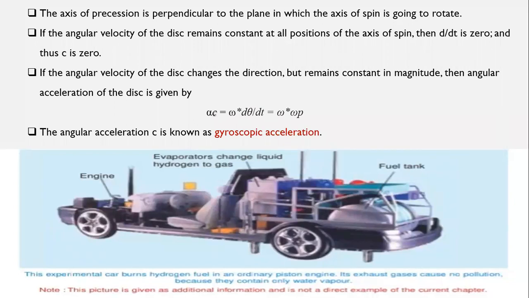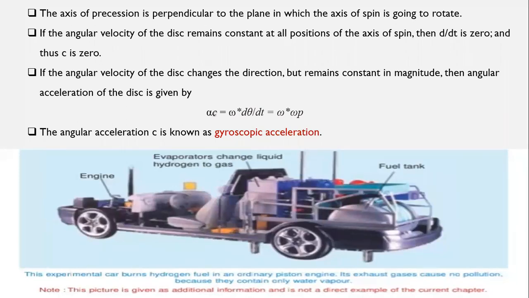If the angular velocity of the disc remains constant at all positions of the axis of spin, then d omega by dt becomes 0 and thus C is 0. C means couple, that is the gyroscopic couple.